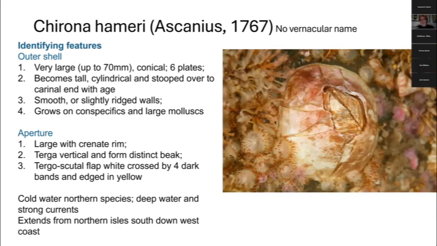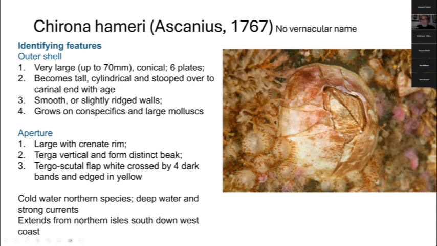Here's a good shot of it. This is from the Corryvreckan on the pinnacle at the top of it, taken by a friend of mine. So here you can see this is basically conical in shape, so it hasn't developed this tubular appearance. But you can see it's got growth lines on the scuta. You can see the distinct beaks.